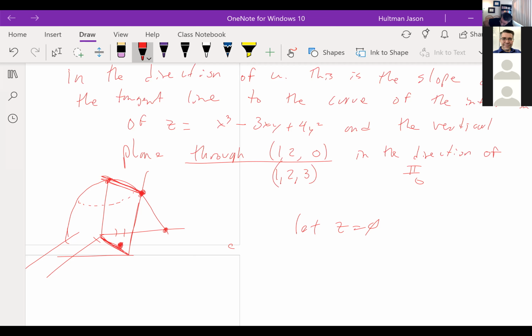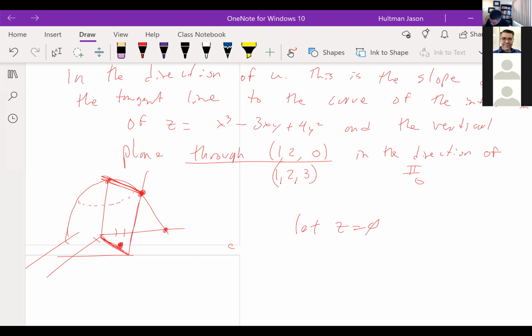So it's a vertical plane, because z can be anything in that plane. I don't know why they didn't say (1, 2, f of 0). I guess they're just letting z be 0 to make it easy to draw the plane of intersection, but that makes sense. A picture is worth 1,000 words.